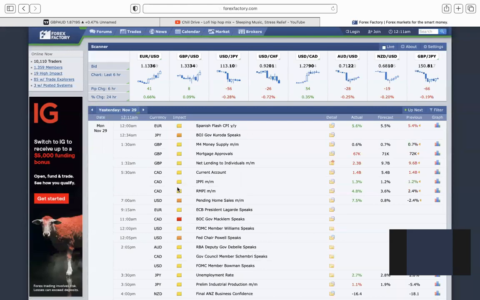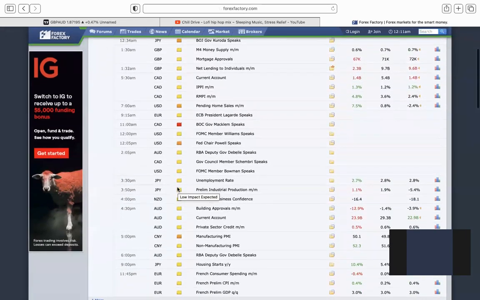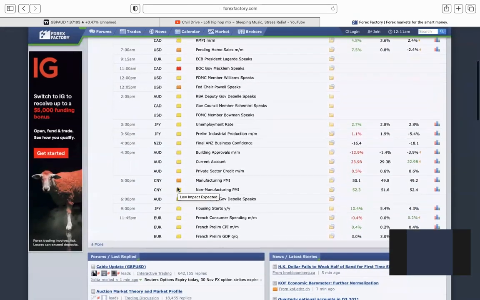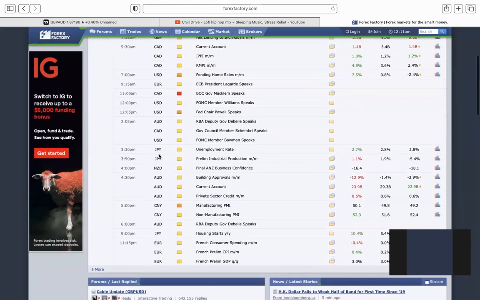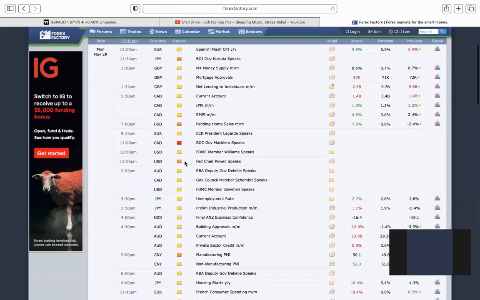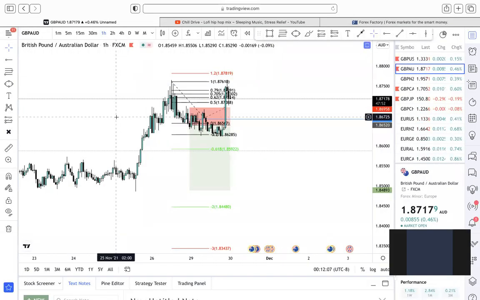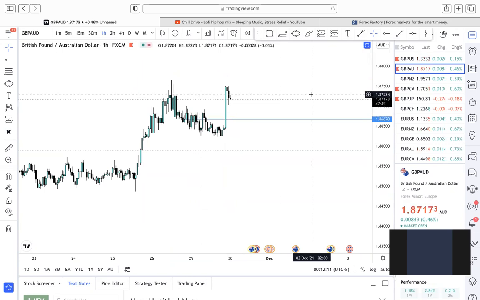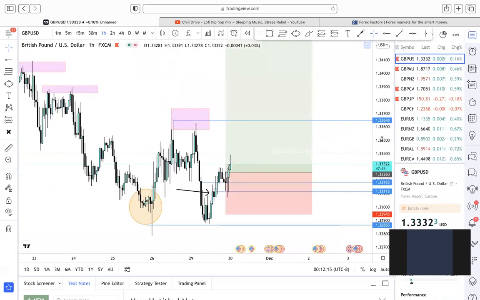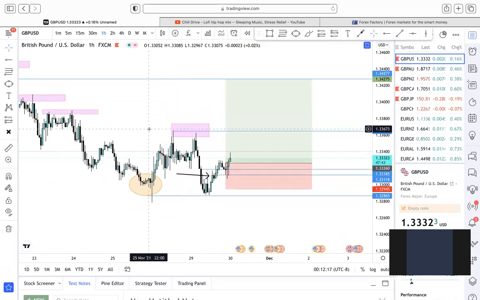Let's see. Yeah, we have a lot of news for the Australian dollar today, which is the AUD. Yeah, so most likely that's why that massive move up happened. So it didn't play off, 40 pips, first loss of the week. No worries. We should be getting them back with GU or more trades during the week.